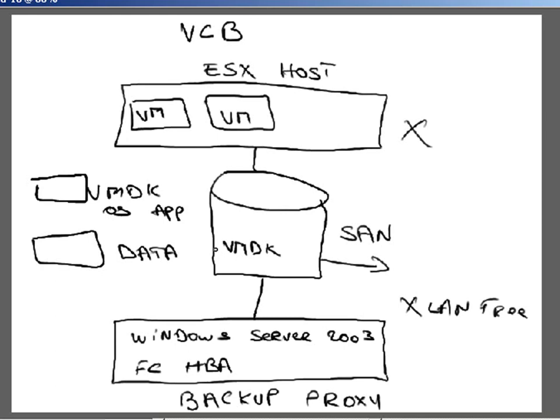Okay, so we talked about a lot of the pros that are available with VMware Consolidated Backup, such as being able to back up LAN-free, if your tape backup, for example, is fiber channel attached.